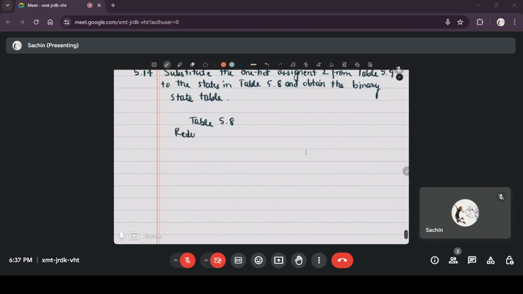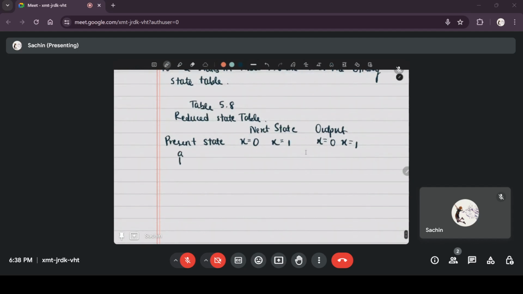It's a reduced state table. We have present state, next state for a single input, which can be 0 or 1, and the output depending on the input. There are 5 states.